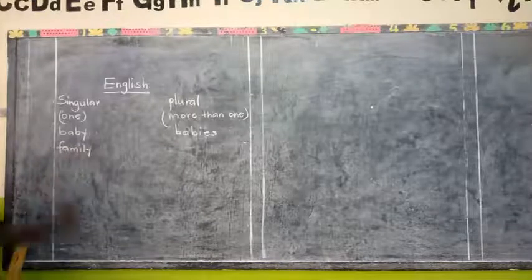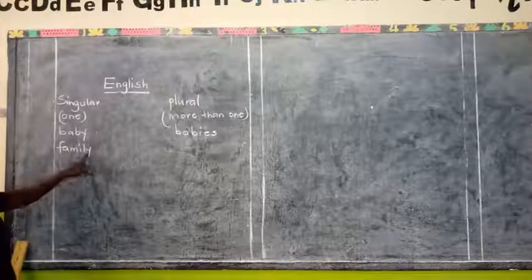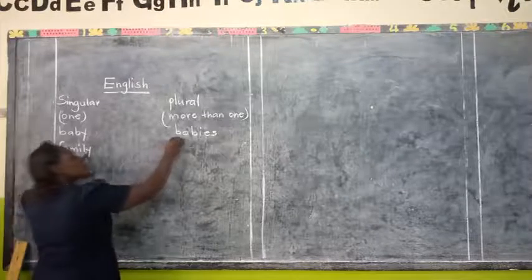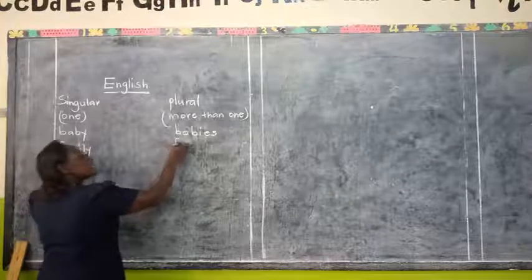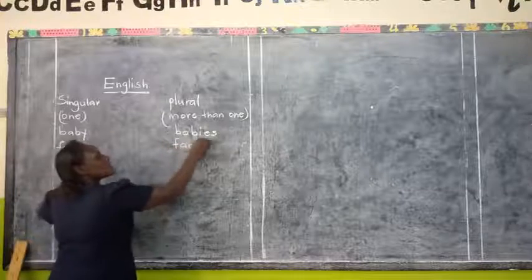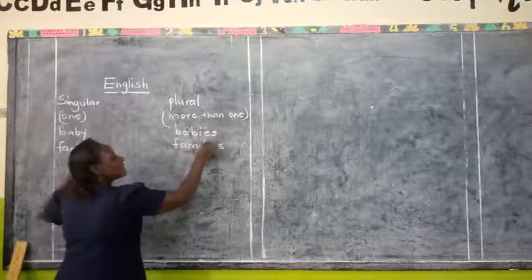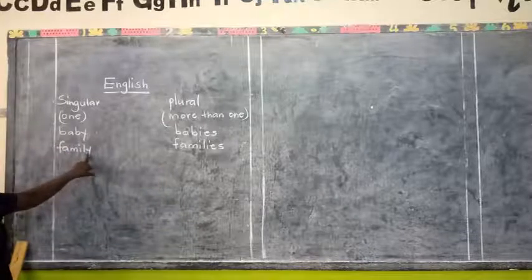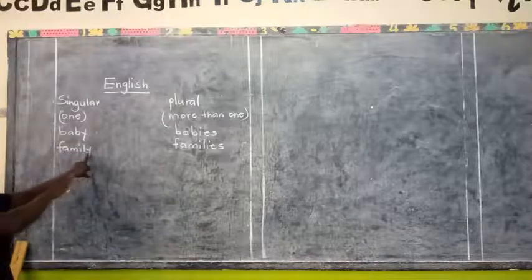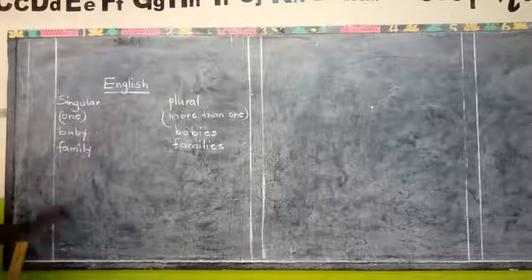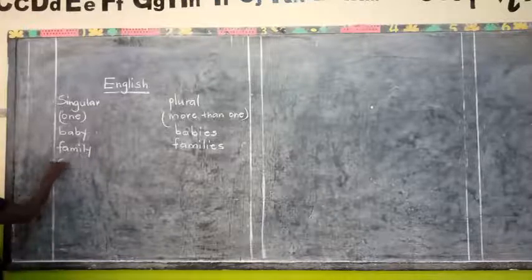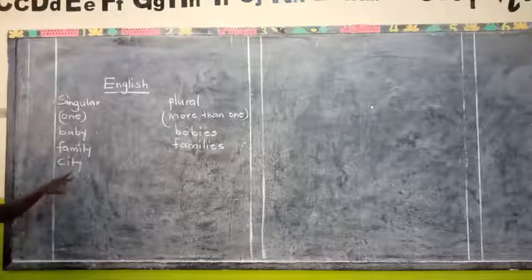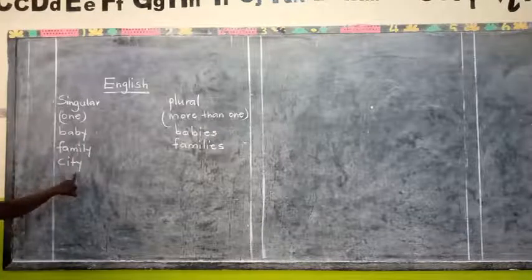Then we also looked at another noun, that is family. It is called family when it is one. And when they are more than one, we don't call them family again. Instead, we call them families. Letter Y is no longer seen once it comes to plural form. Then, we also have city when it is in singular form.